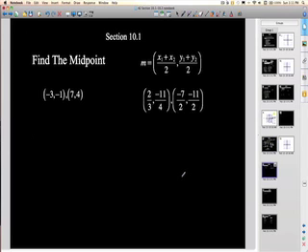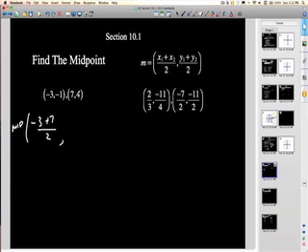Okay. Midpoint is even easier than the distance formula. If I want to find the midpoint of a line section, the coordinates of the midpoint are the average of the x-coordinates and the average of the y-coordinates. So here I would do -3 plus 7/2 for my midpoint.